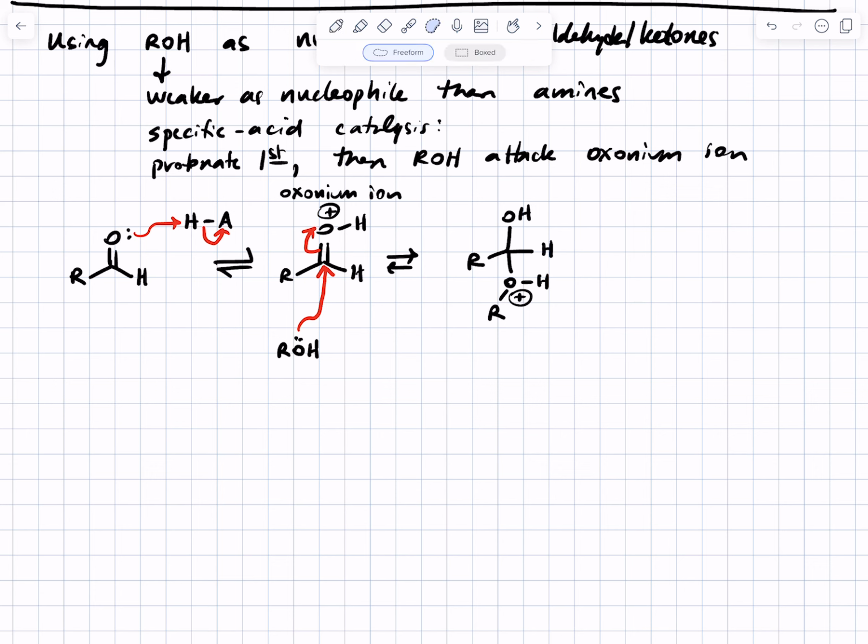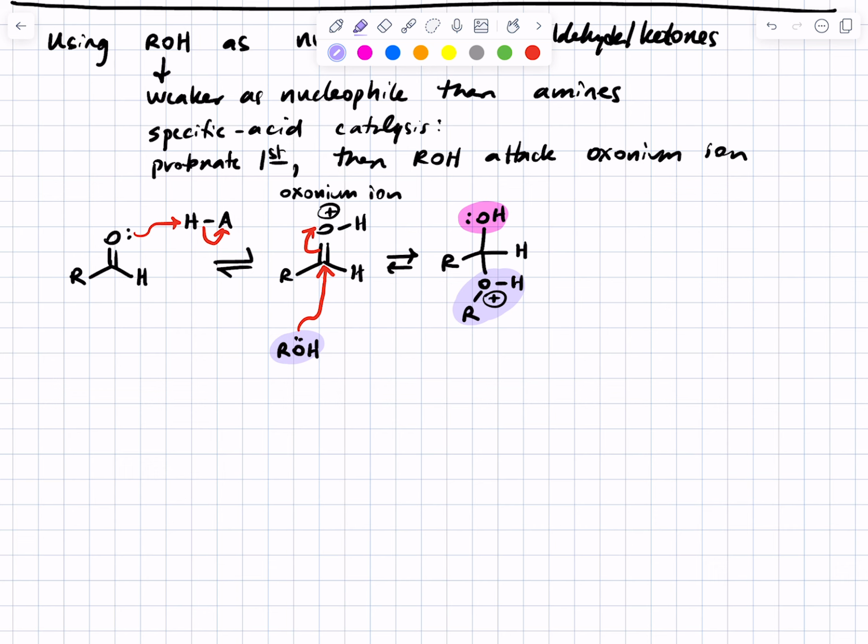At that stage, it would be totally reasonable for this neutral OH group to be a kicker-offer that would kick off the alcohol nucleophile, right? That would just be the backwards step, and that happens.